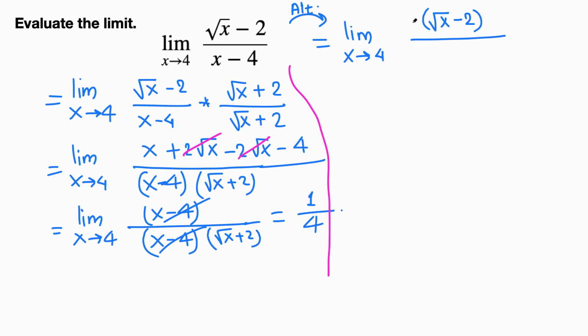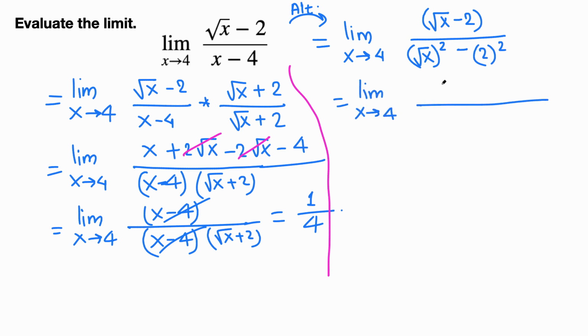But the bottom, looking at it, x is root x squared and 4 is 2 squared. So minus this 4, you can clearly see 2 squared. Since this is a square, we can convert x in terms of root x squared. And this is how we can make the bottom a difference of two squares.